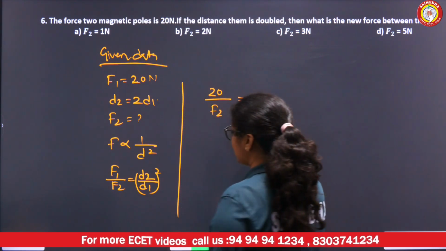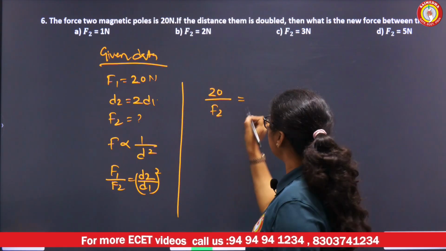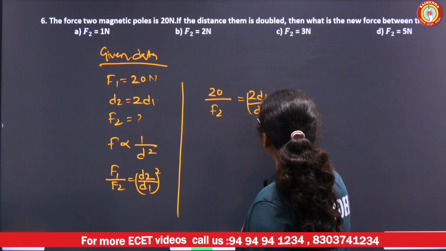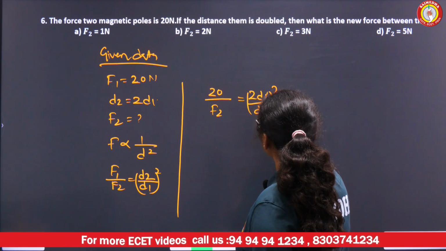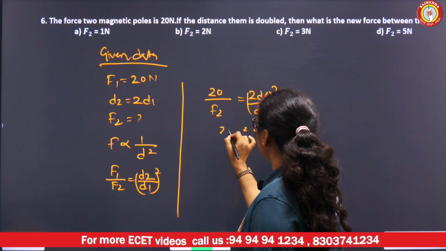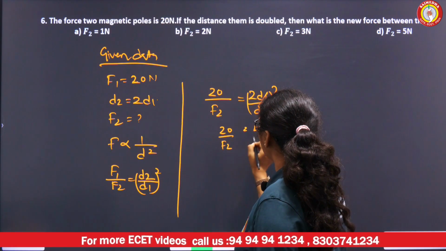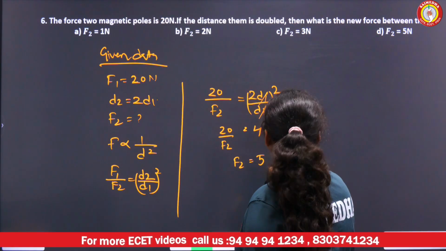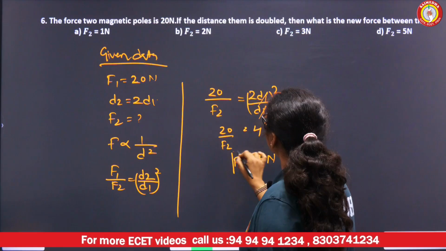I'll tell you a simple trick also. Without solving, D2 is double, so 2D1 by D1 whole square. D1 square and D1 square will cancel. You will get 4. So 20 by F2 is 4. F2 is equal to 5 newtons.